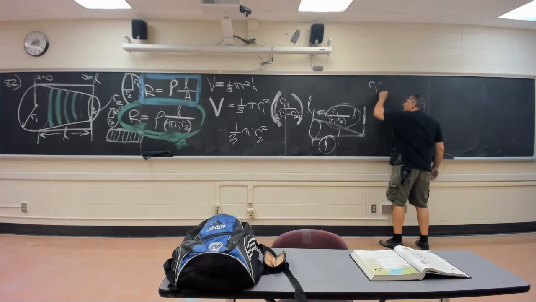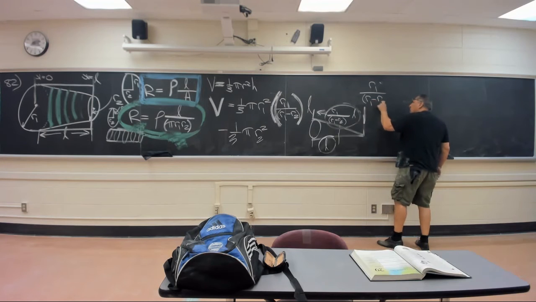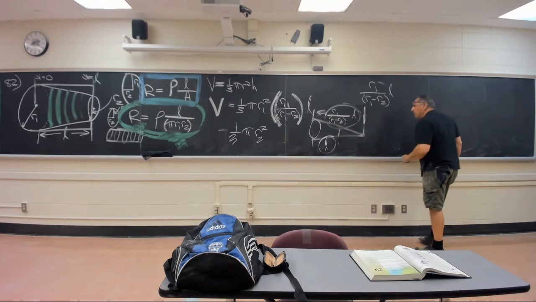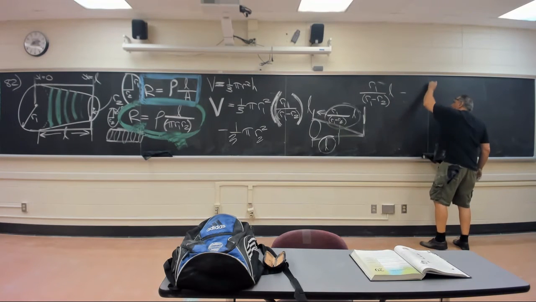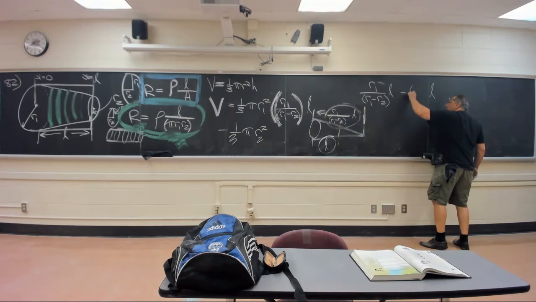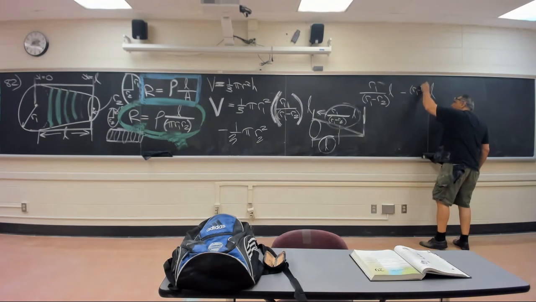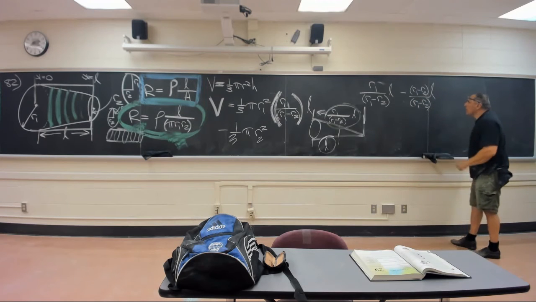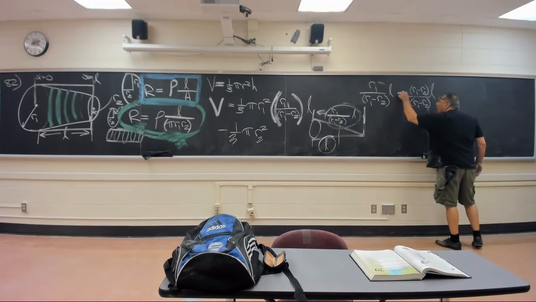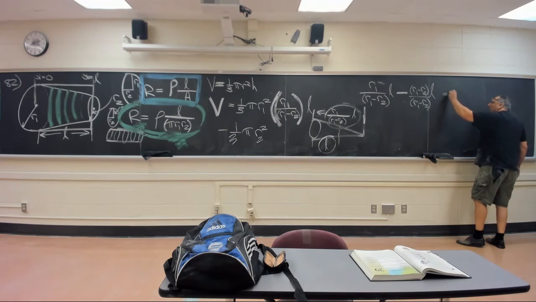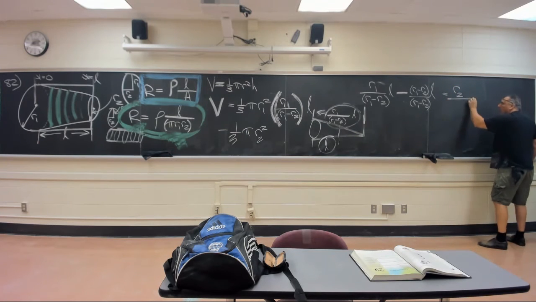Let's go R1 over R1 minus R2 L minus L, and I got to get a common denominator, guys. How about R1 minus R2 over R1 minus R2? And it becomes R2 over R1 minus R2 times L.